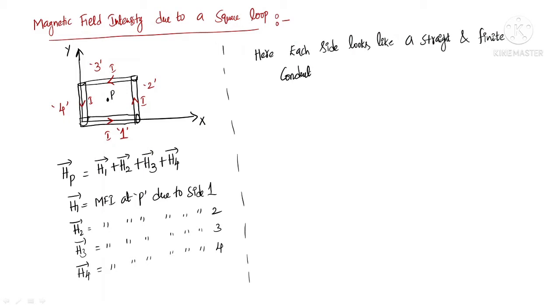So we will use the expression for the field intensity due to a finite conductor here to find the field intensity due to each and every side.